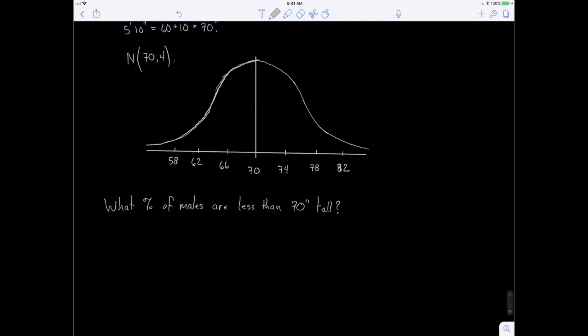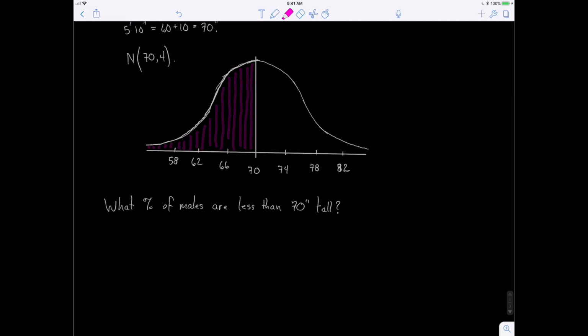Now, what percentage of males are less than 70 inches tall? Let's take a different color, maybe our pink highlighter, and highlight everything below 70. I would color all of this. Notice that 58 is 3 standard deviations below the mean, but I would continue even past that.